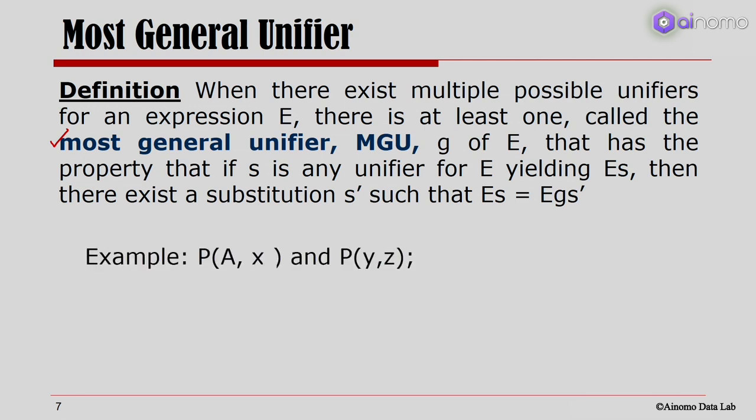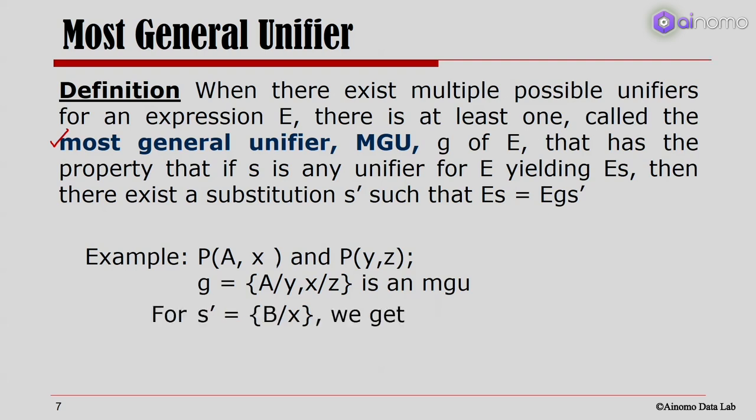Let us take an example to understand this. So, here are two expressions, P(a, x) and P(y, z). Now, if you are looking for a unifier here, then A for y and x for z is a most general unifier.